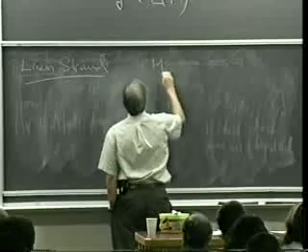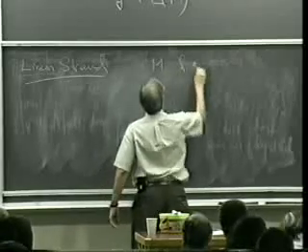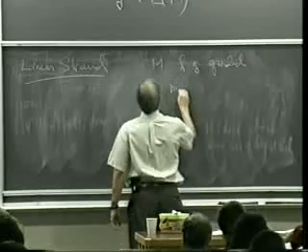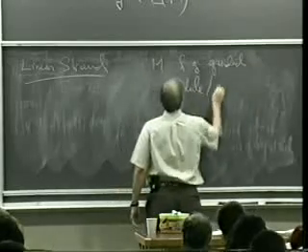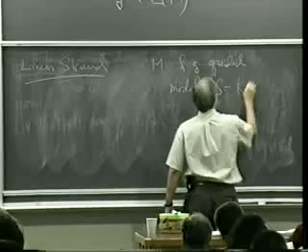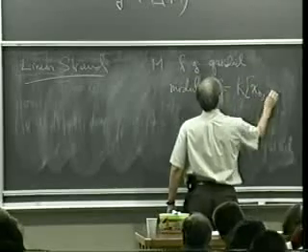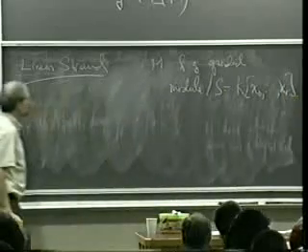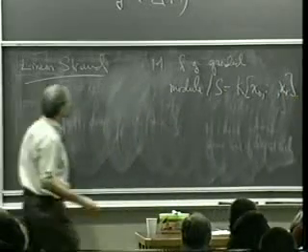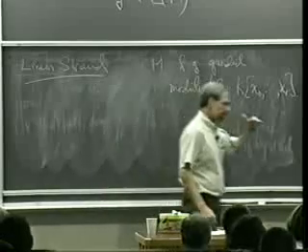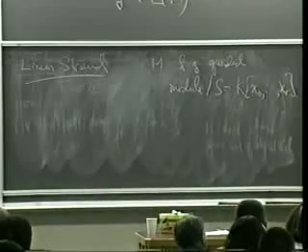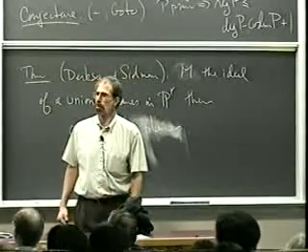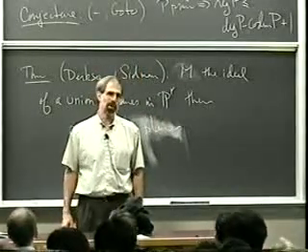So M, again, is a finitely generated graded module over S, which is this polynomial ring in r plus 1 variables. And it has some free resolution. Just to simplify the notation a little bit, I'm going to normalize things and shift the degrees so that the smallest degree generator of M is in degree 0.